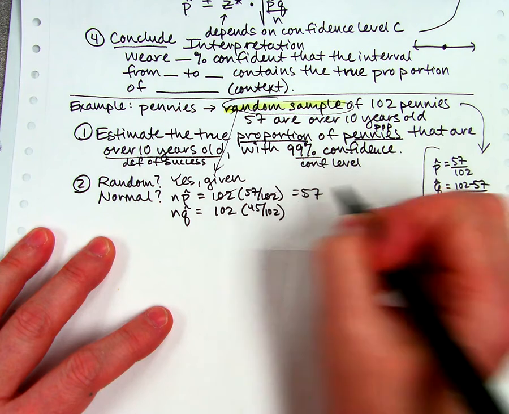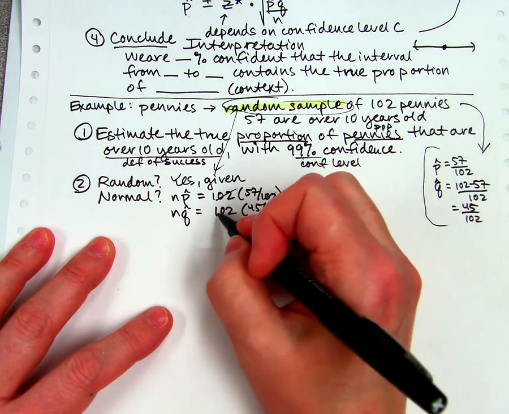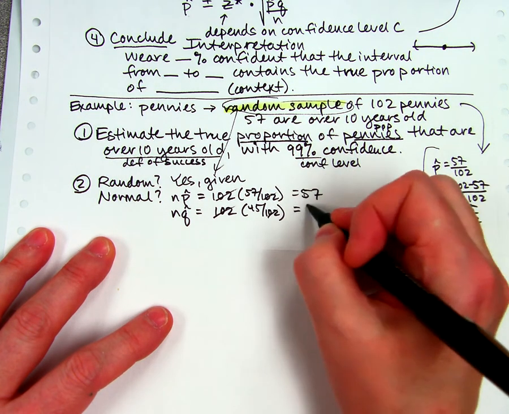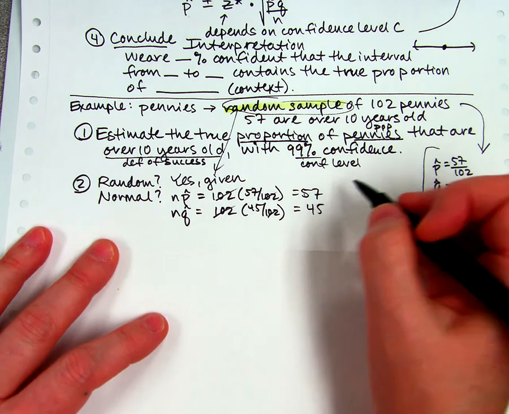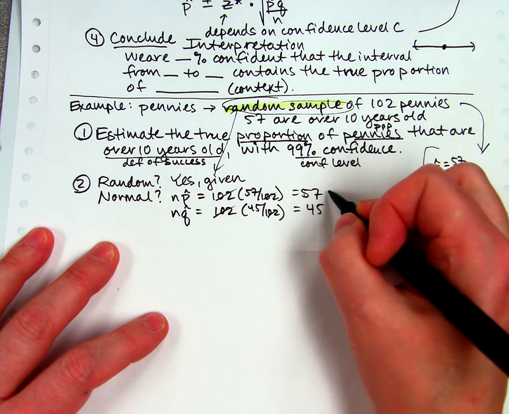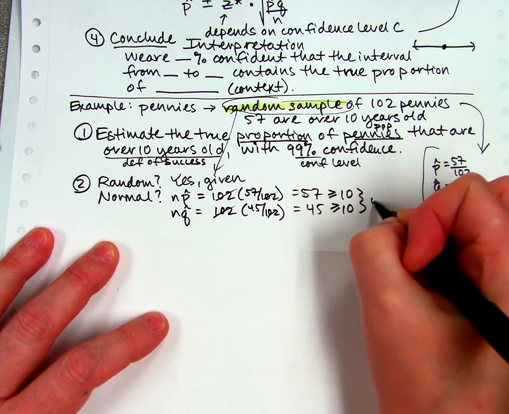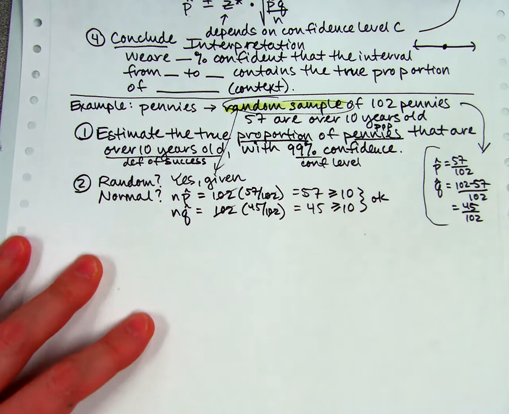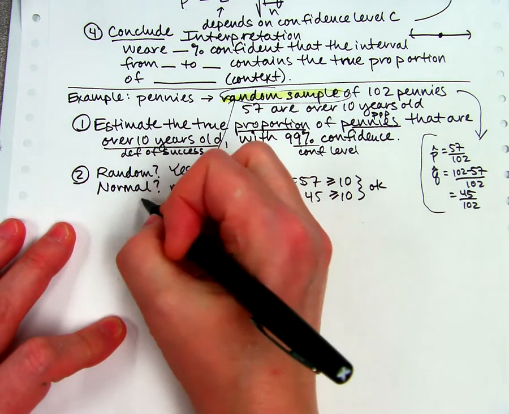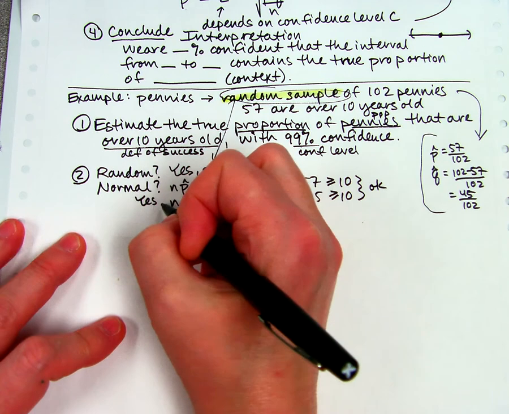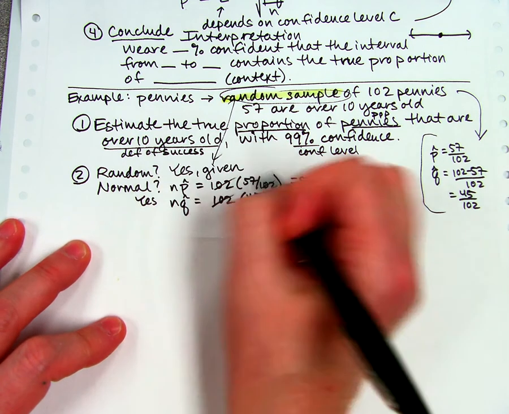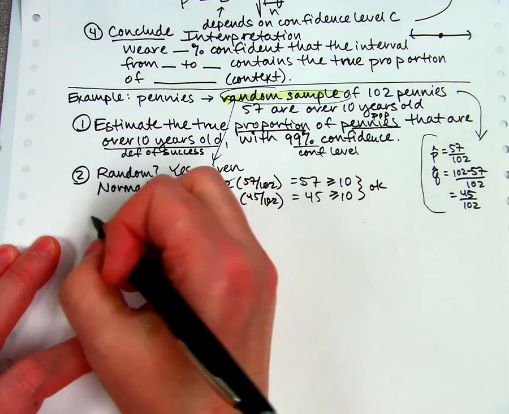I don't need the decimal. I could just say, look, it's the fraction, and it's a lot easier as a fraction because it cancels. These two numbers are beautifully bigger than 10. So I can look at that and say, okay, this one's met. Hurrah. I could even say yes over here if it makes me happy. Yes, because of these two things being bigger than 10.